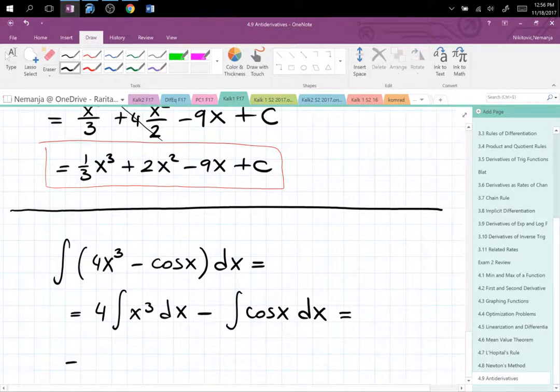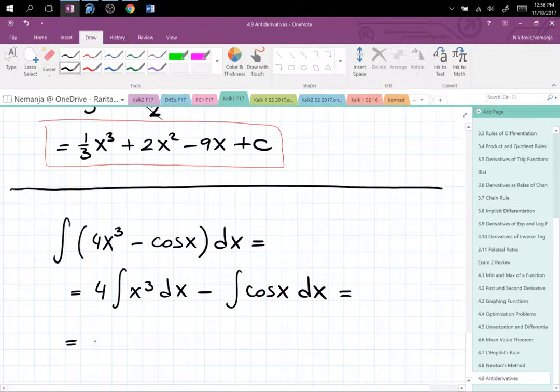So what's the first integral? Good. And then what's the integral of cosine x? Sine. Plus c. 4's will cancel.